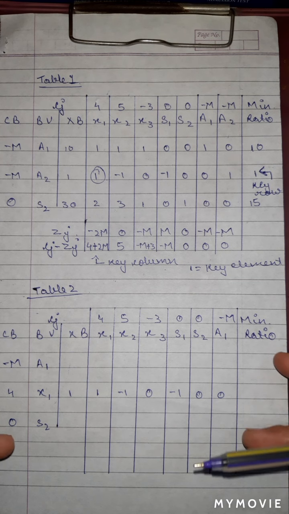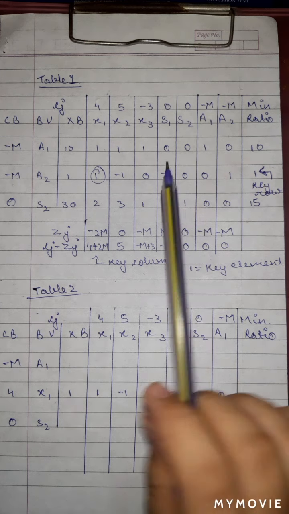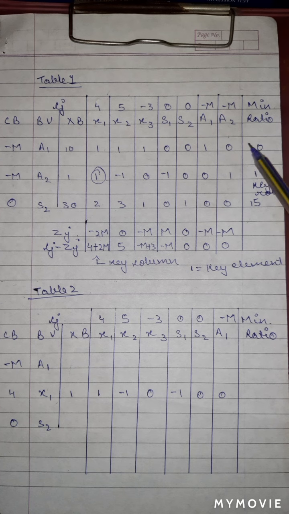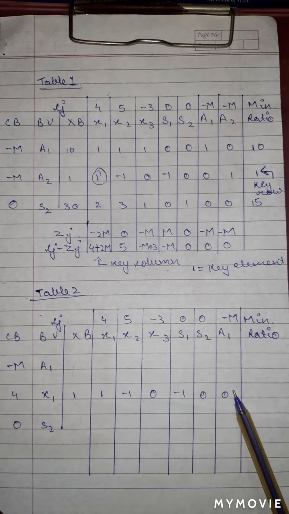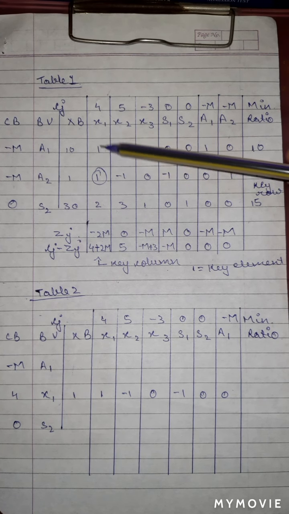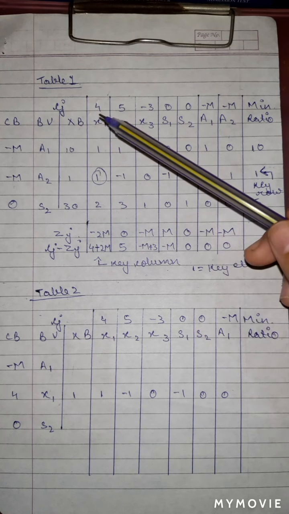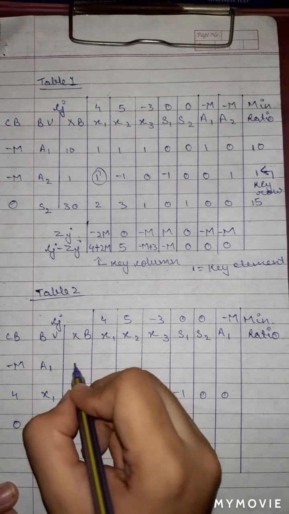Now how to calculate the rest of the rows? So the formula for calculating is: previous values of the row in the previous table, subtracted by new values of the row into the key column value, means 10 minus 1 into 1, that would be 9.